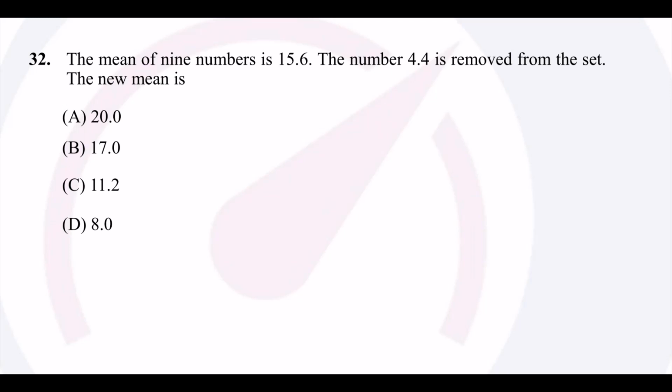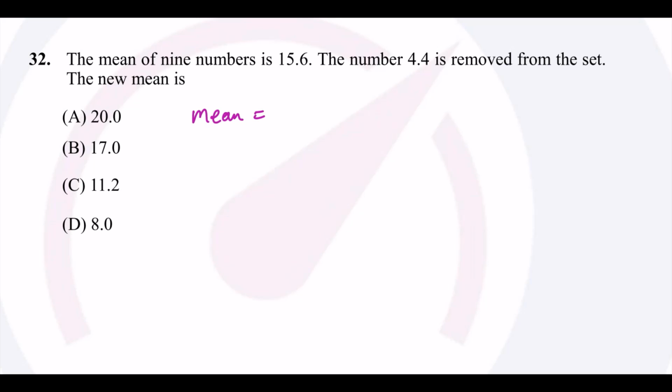Question 32. The mean of 9 numbers is 15.6. The number 4.4 is removed from the set. The new mean is. Alright, so normally we calculate the mean like this. The mean is what we call the average. But you have different types of statistical averages: mean, median, and mode. They're all averages.